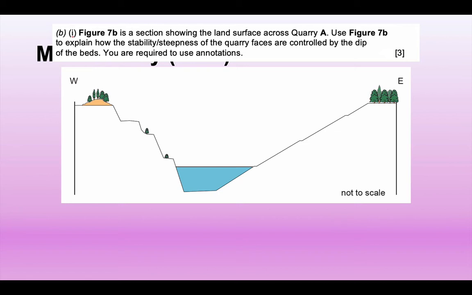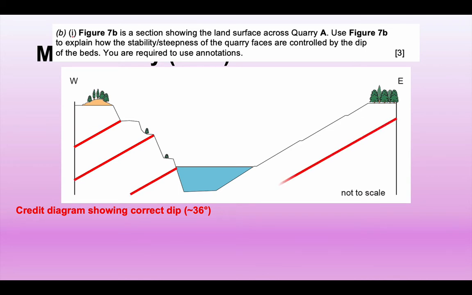Now, obviously, the most useful thing to draw on here are some dip directions. So let's put some beds in. It doesn't matter exactly where these go, as long as you're showing roughly the correct dip, so the correct angle and the correct direction, 36 degrees to the west, and we should see some lines like that. Like I say, it doesn't matter exactly where you put those.